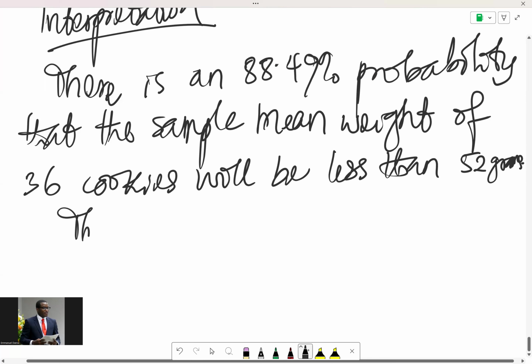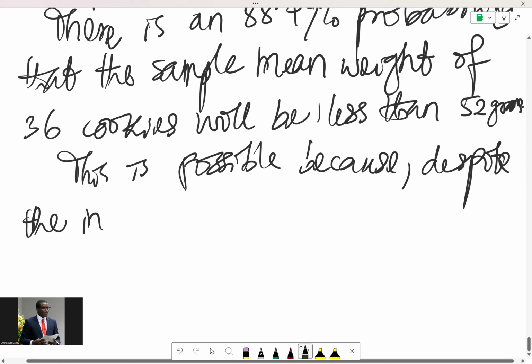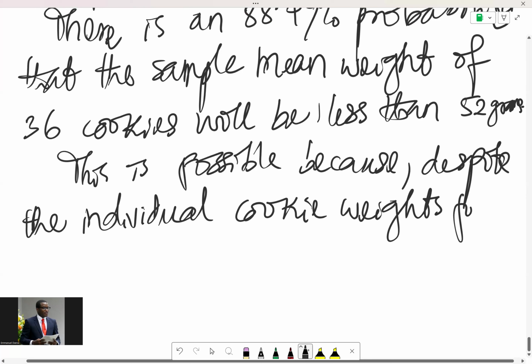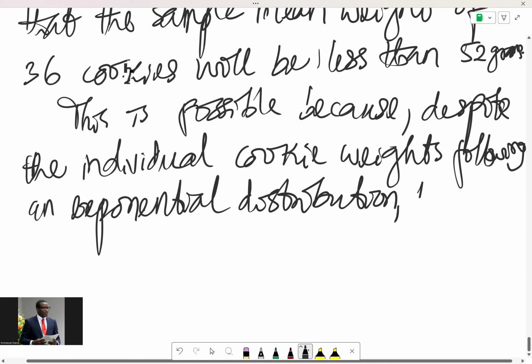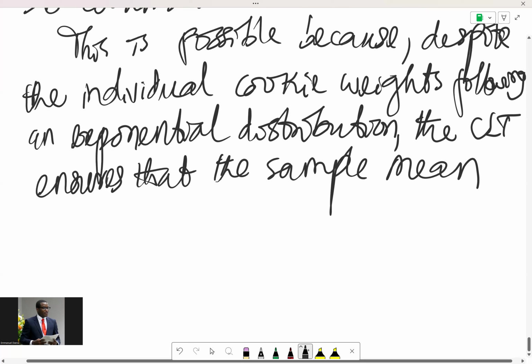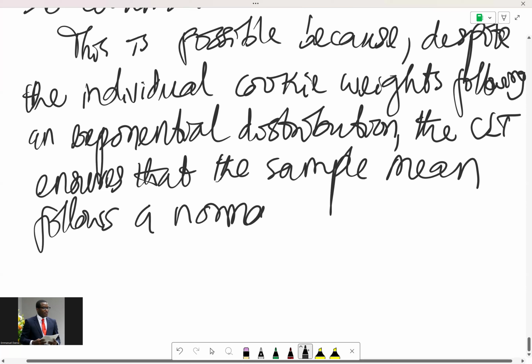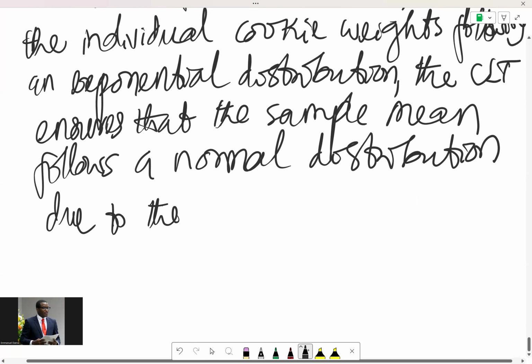This is possible because, despite the individual cookie weights following an exponential distribution, the central limit theorem ensures that the sample mean follows a normal distribution, due to the large sample size.